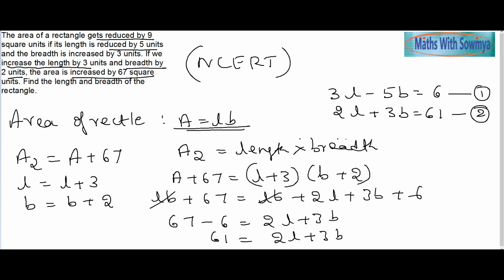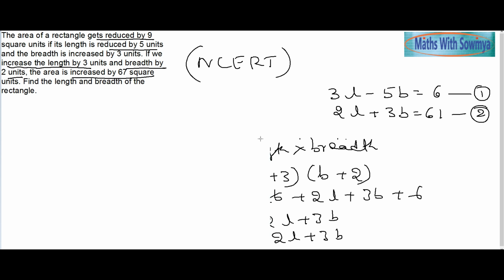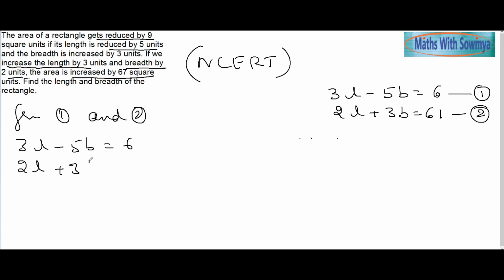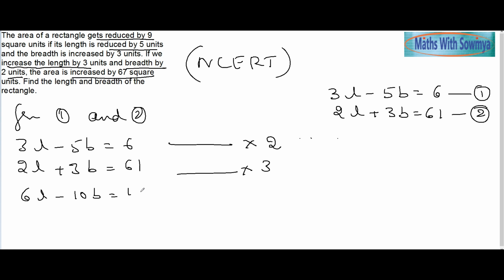Now, we can take equations 1 and 2 and solve the complete thing to find length and breadth easily. First equation is this one and second equation is this. I multiply this by 2 and this by 3. What are we going to get? 6L minus 10B equals 12.